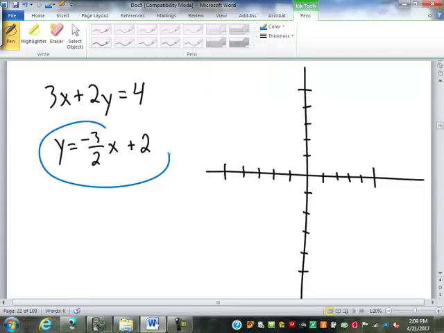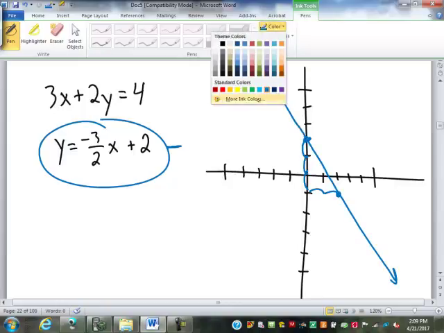Let's do the bottom one first, since that one's ready to graph. Where am I going to start with that one? Positive 2. And from there, what am I going to do? Yeah, we have a negative 3 halves slope, so we go down 3 and over 2. There's our second point, and our line goes through those points.